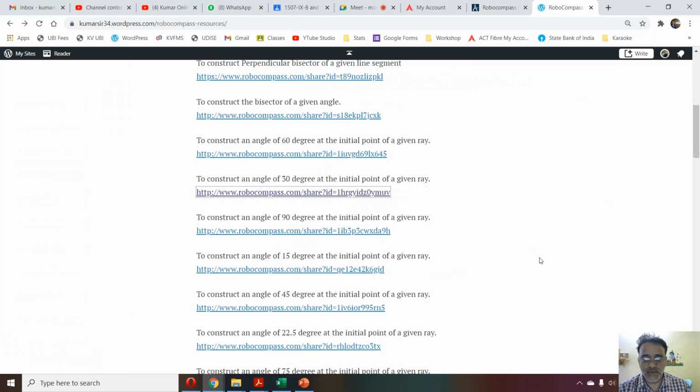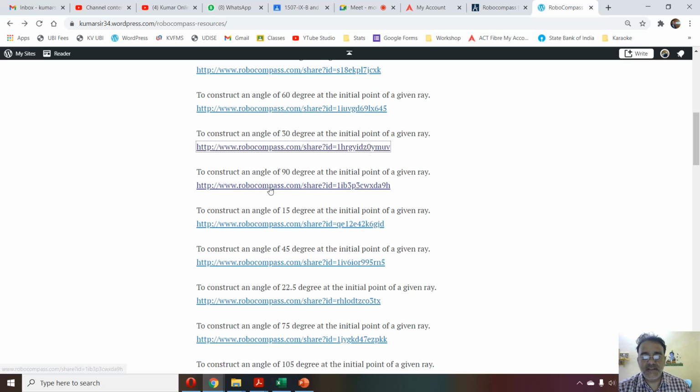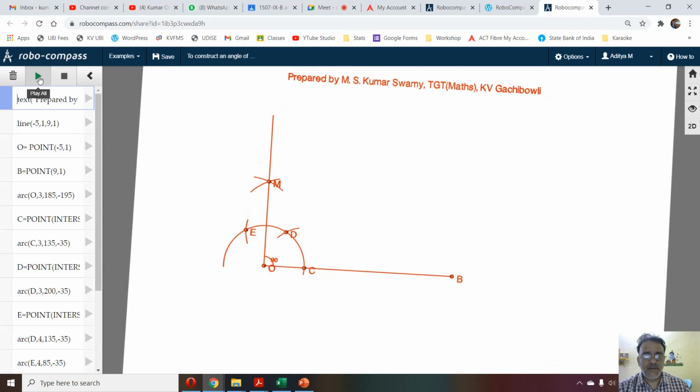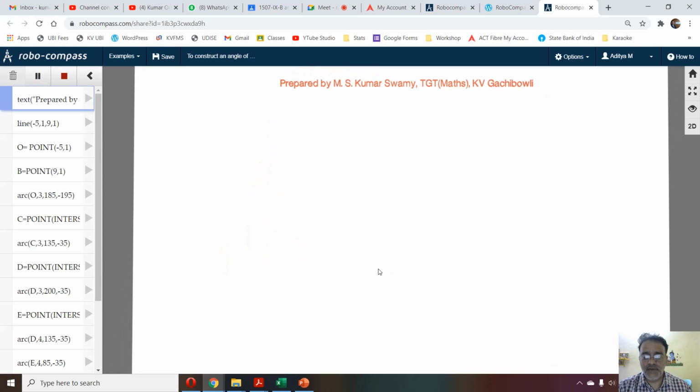Now next we are going to see how to construct 90 degree angle at the initial point of a given ray. So for that we have to draw a line segment first, okay, by using ruler.